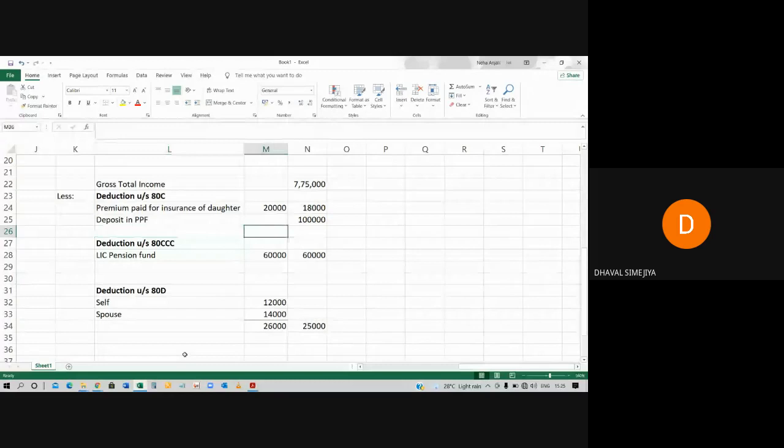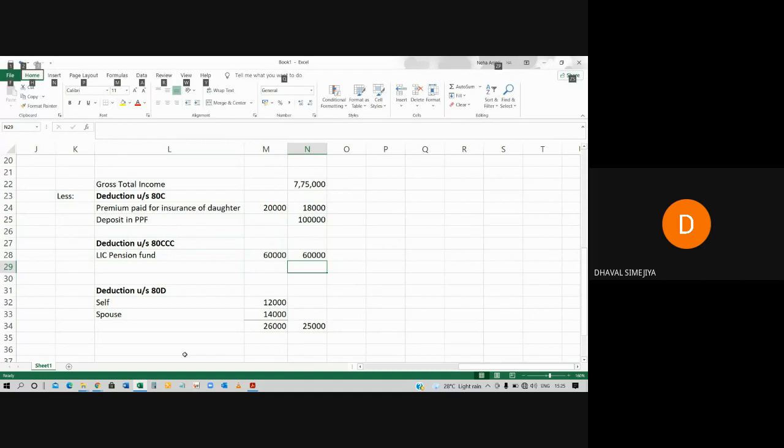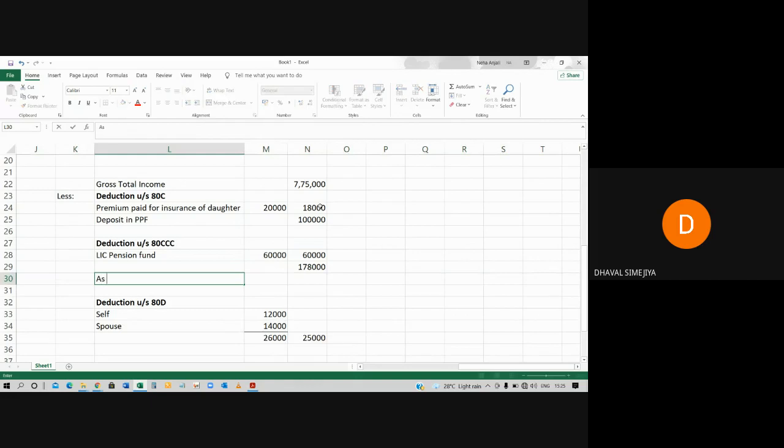So the limit exceeds. If you check 80C and 80CCC together, the limit exceeds 1,50,000. So the maximum limit is 1,50,000 rupees as per section 80CCE.